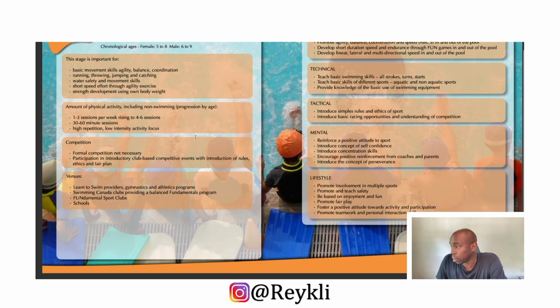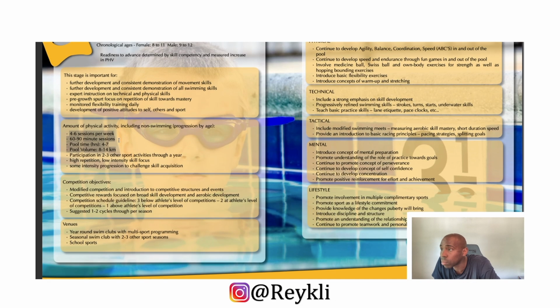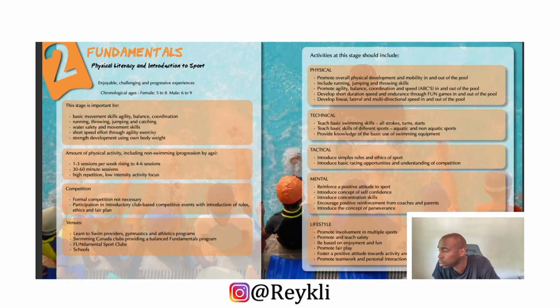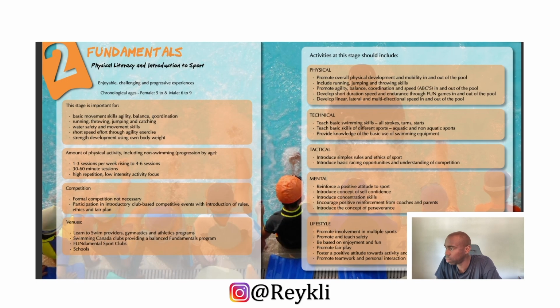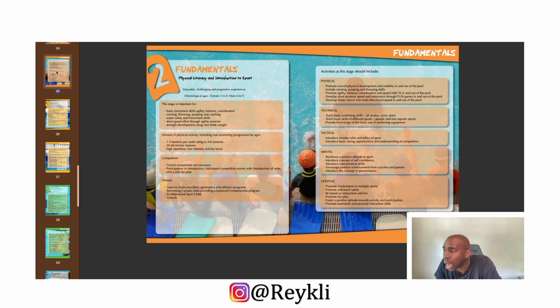But anyway, so let's see if it's here. It has to be in here. 4 to 6 sessions per week. No, this is the wrong one. Learn to train. I feel like this isn't right. We should have seen something else, a different diagram. Show sidebar. Yep.